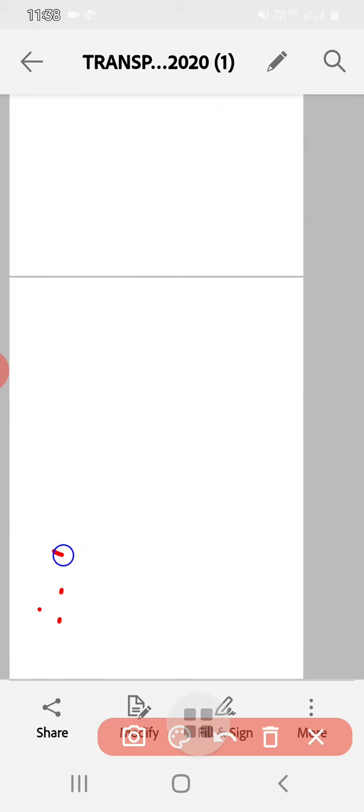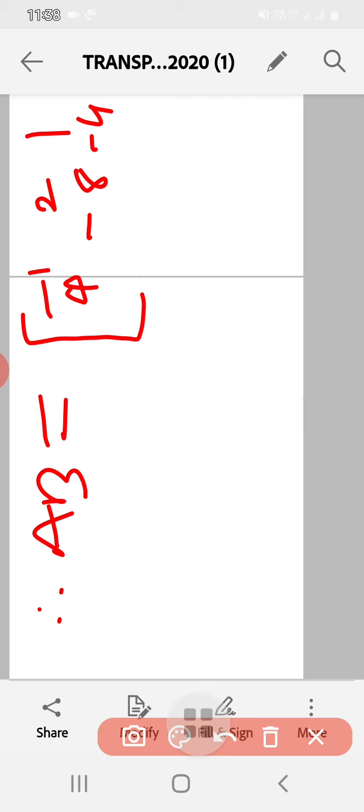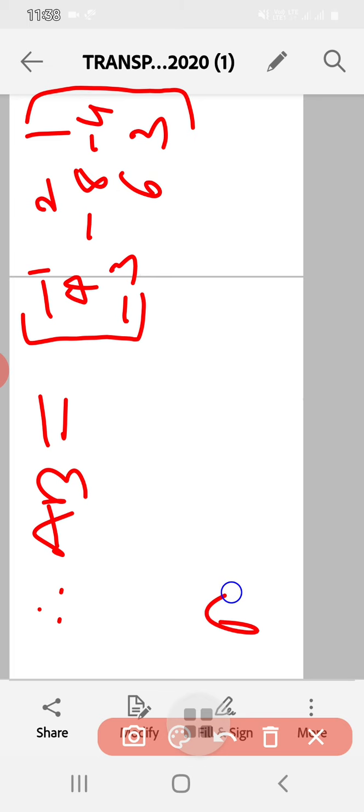So we got AB is equal to [-1, 2, 1; 4, -8, -4; -3, 6, 3]. This is AB.